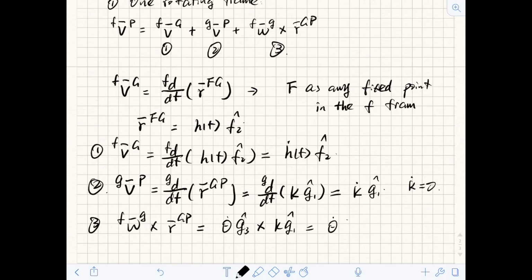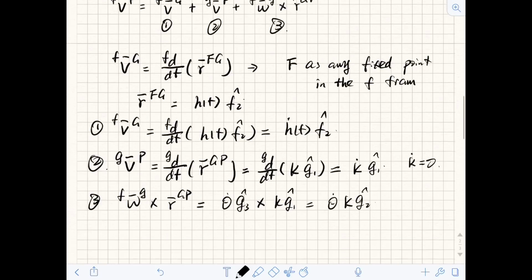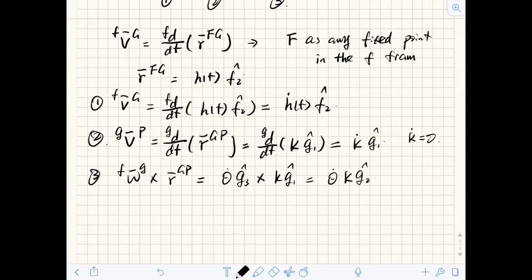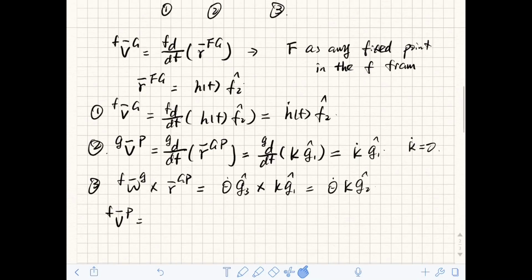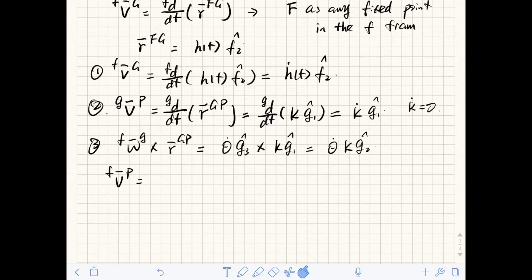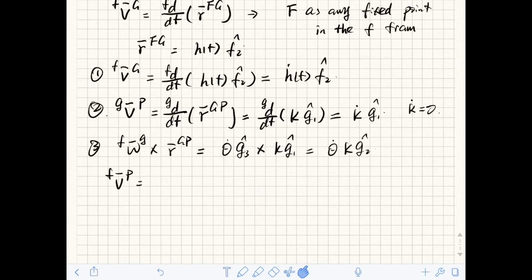Now what we get is theta dot k G2. All we have to do now is add the three terms, and we have the velocity of P in F as h dot F2 plus theta dot k G2 hat.